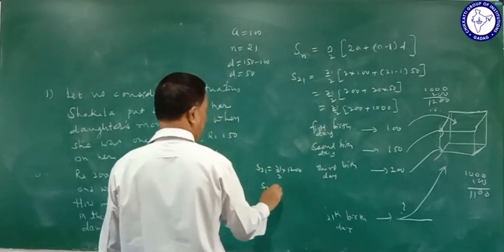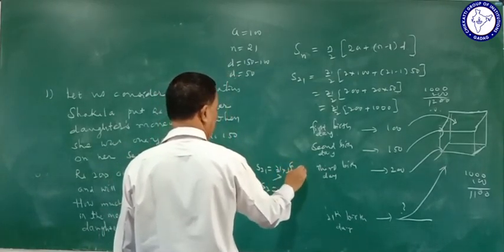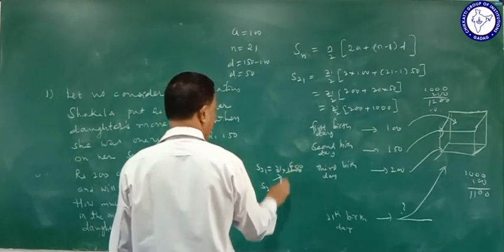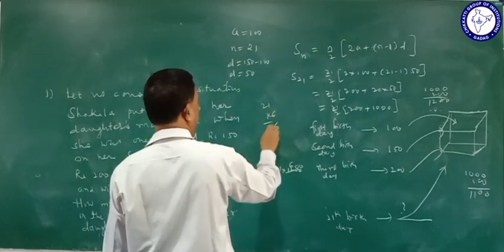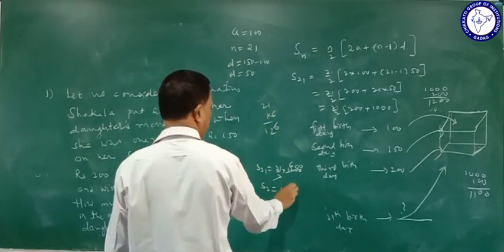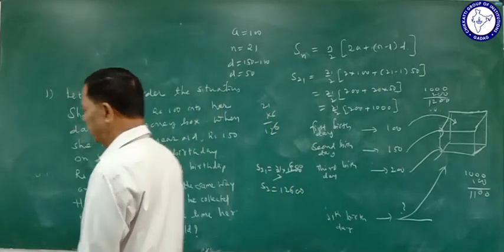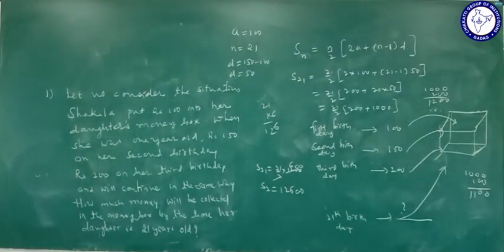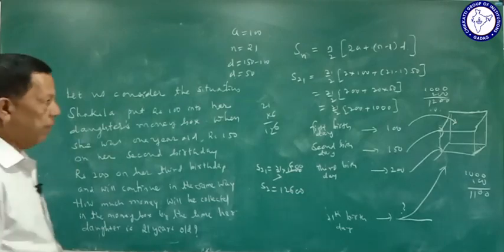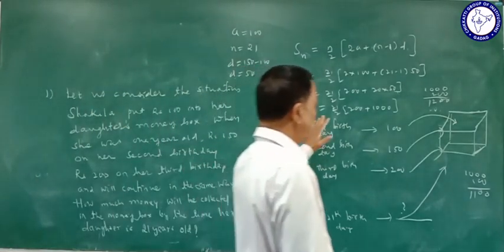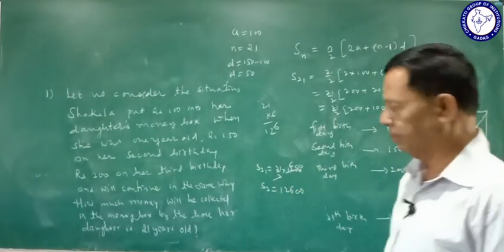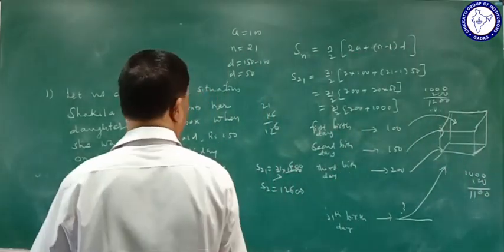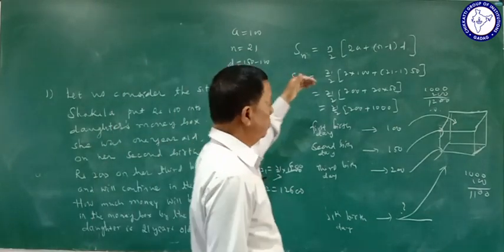And S21 is equal to 21 into 600, that is 21 into 6, so here that amount you are getting, 12,600.